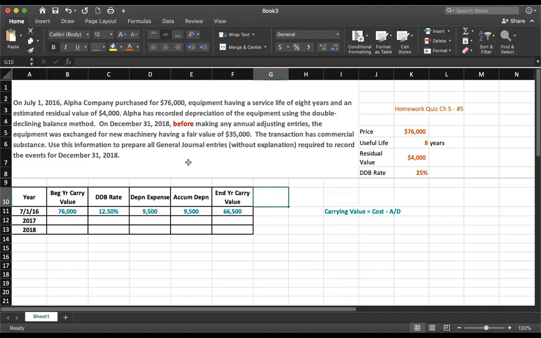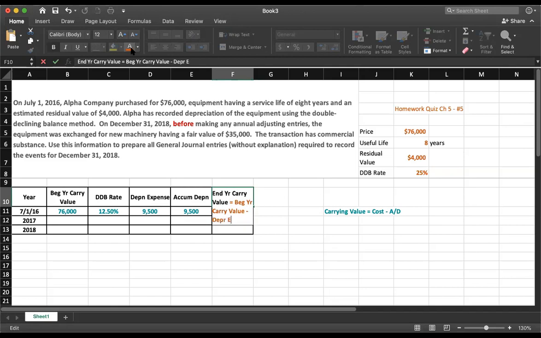So the end of year carrying value is going to be equal to the beginning of the year carrying value minus the depreciation expense for that year.